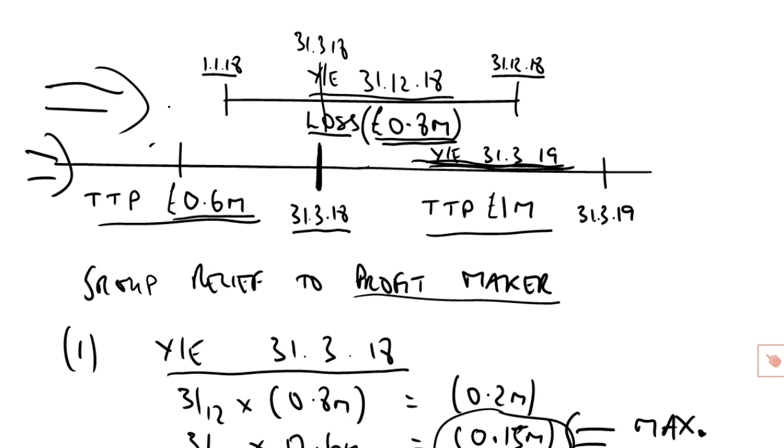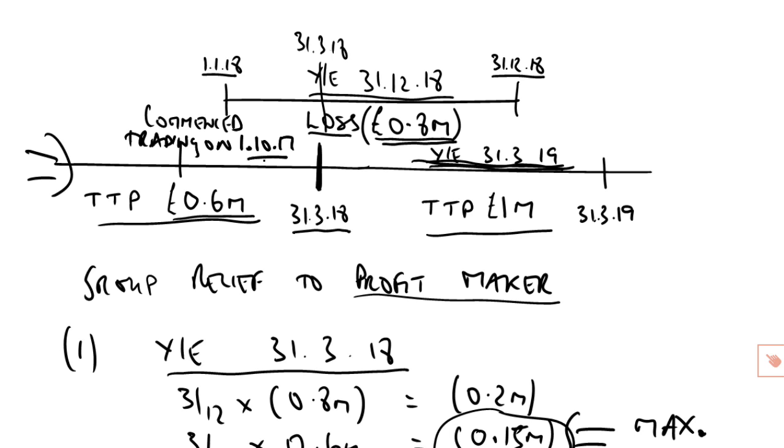But if I now told you that this particular business commenced trading on the 1st of October 17. So that particular company, the profit maker, made still a profit of 0.6 million, but this time it wasn't for the year ended 31st of March 18. It was for an opening period from when it started to trade on the 1st of October 17 through to the 31st of March 18.